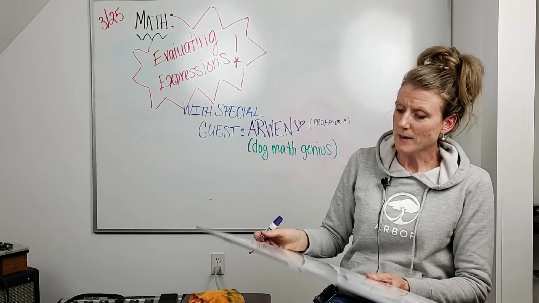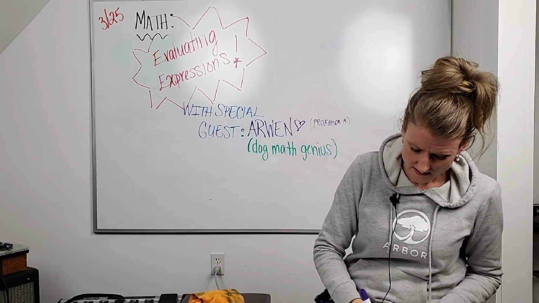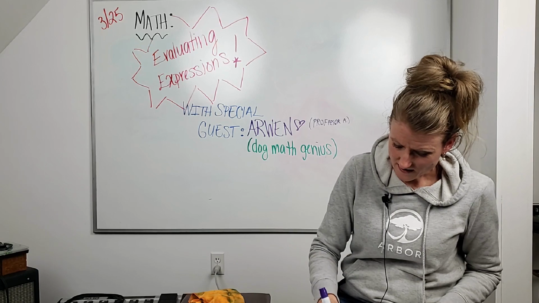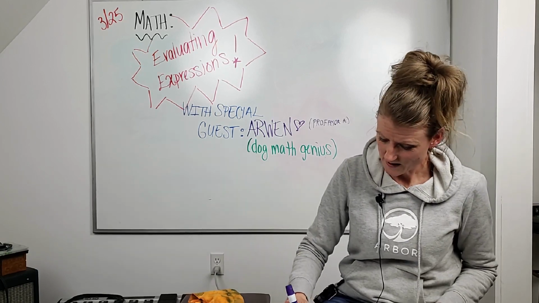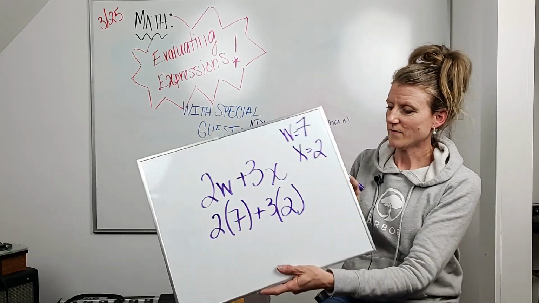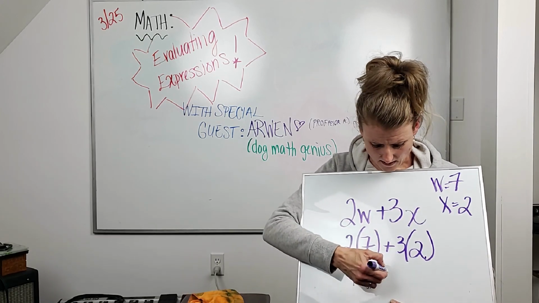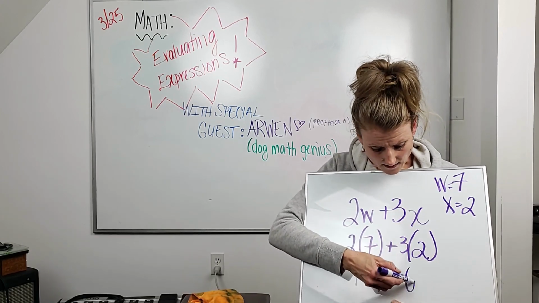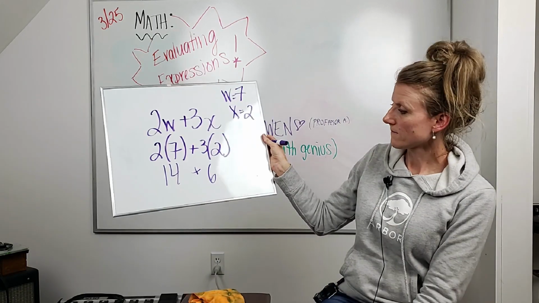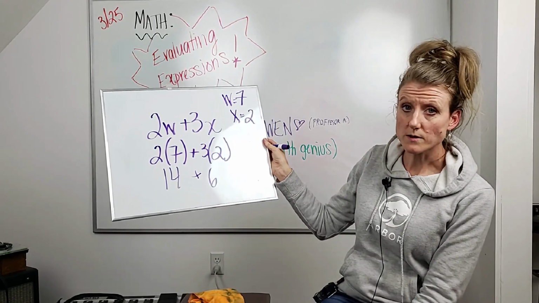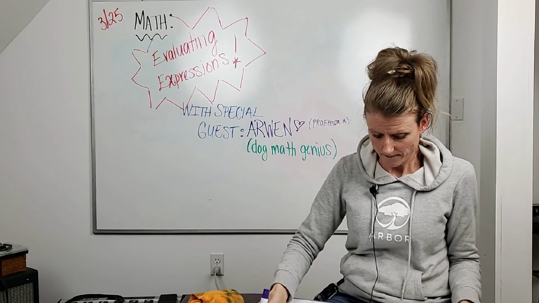So if we set that up, 2 times 7 plus 3 times 2, we're going to get a 14 plus a 6, and for a total answer of 20.